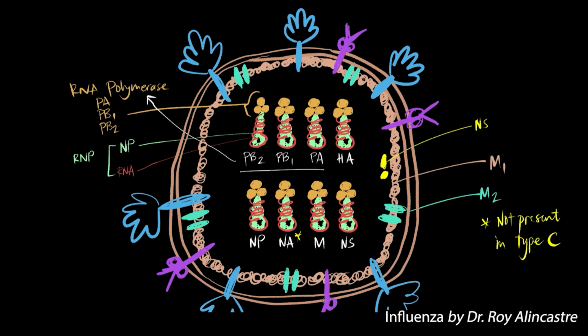Hemagglutinin makes up about 25% of viral protein and neuraminidase only about 5%. So there is more hemagglutinin.